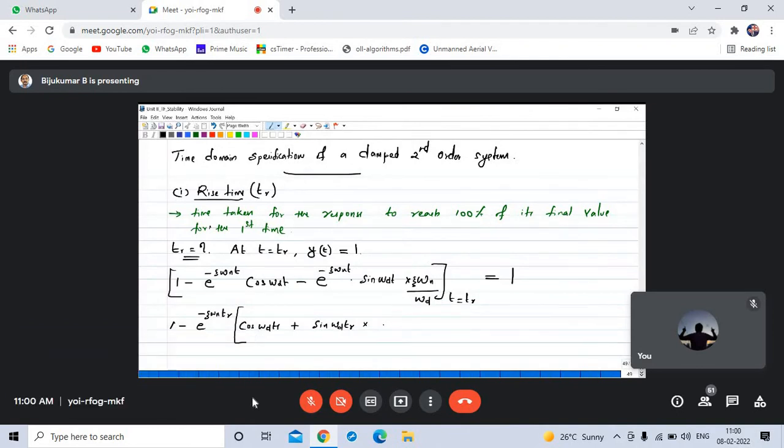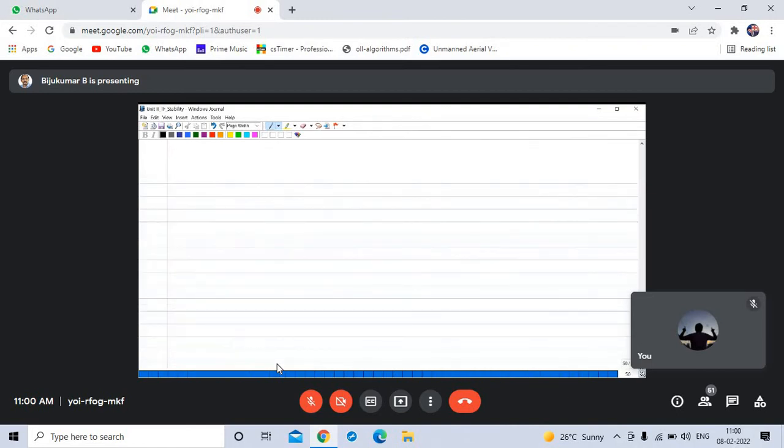So omega n and omega n got cancelled. Finally, you will get zeta divided by root of 1 minus zeta square, correct, is equal to 1, right? Any doubt?